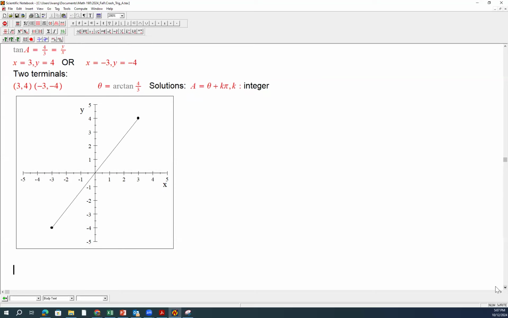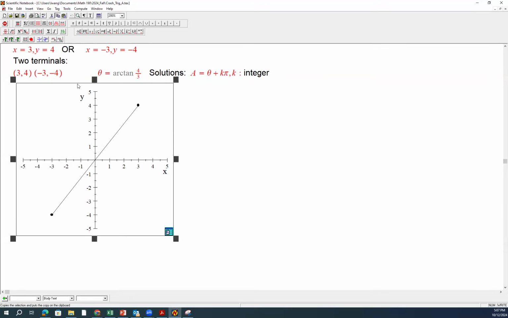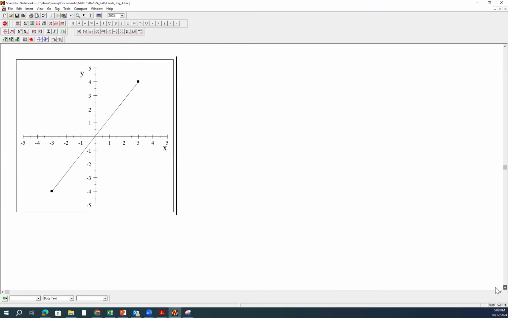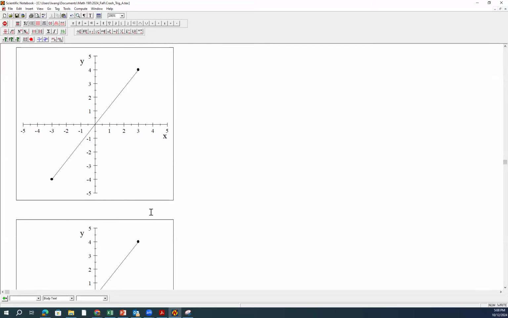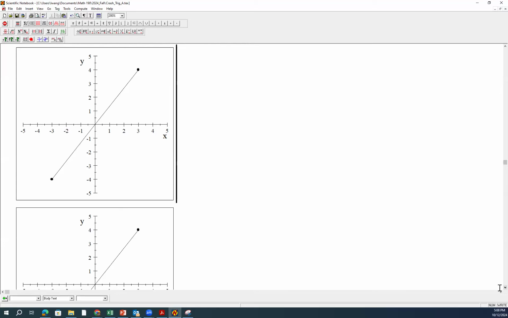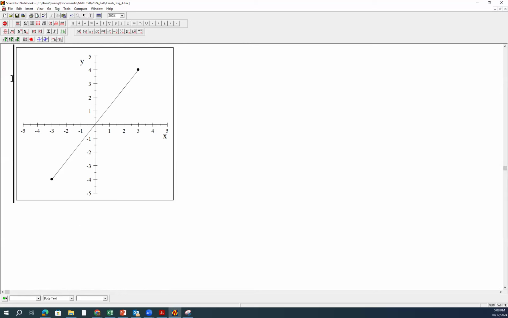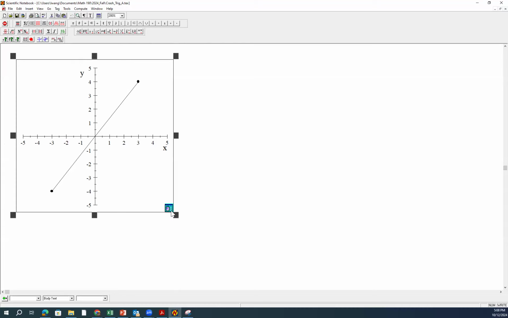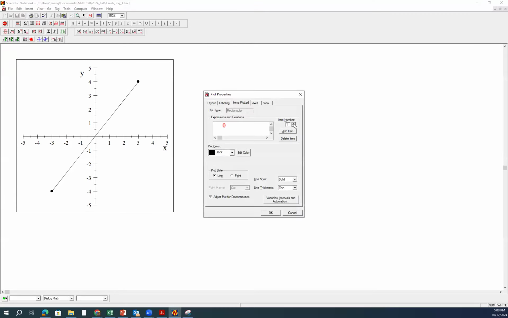Just like tangent is from angle to ratio, arctangent is from ratio to angle. So I'm going to put it here, delete some stuff. This is just for convenience, forgive me.